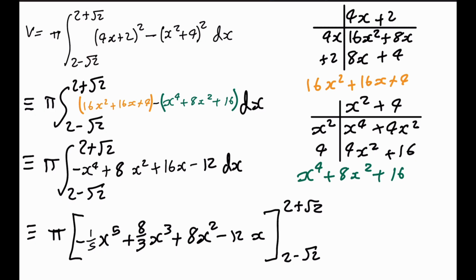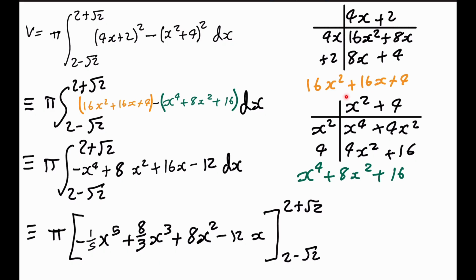All we have to do is expand this out, which I did using this. So 4x times 4x is just 16x squared. 2 times 4x is just 8x. 4x times 2 is 8x, and then 2 times 2 is 4. I got this expression from multiplying out the 4x plus 2 all squared.